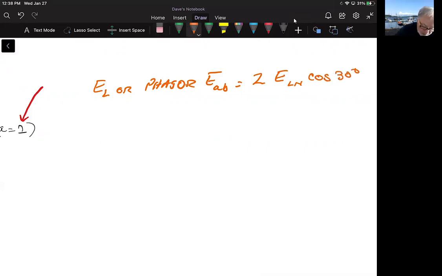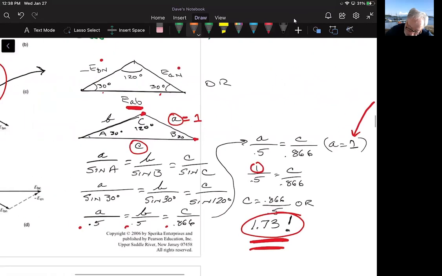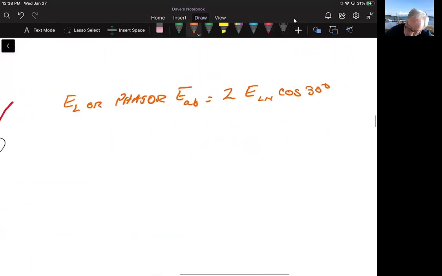Because I have 2 of those line to neutral, a line to neutral, a line to neutral, and I'm trying to get the length of the long side. This EAB is what we call line voltage, phase-to-phase voltage.